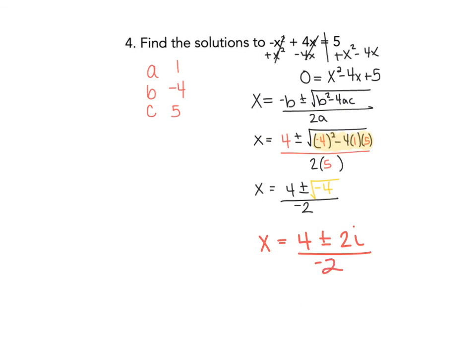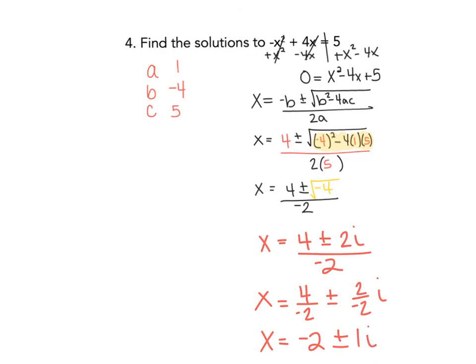If you can get it to that point, that's pretty awesome. We can clean this up just a little bit. We can reduce by doing 4 over 2 plus or minus 2i over 2, which would be x equals 2 plus or minus 1i.